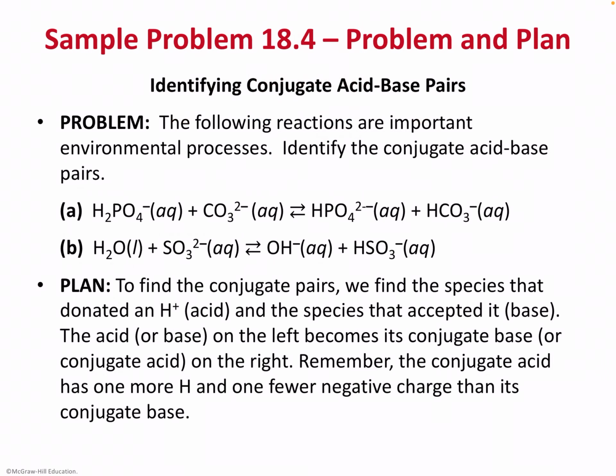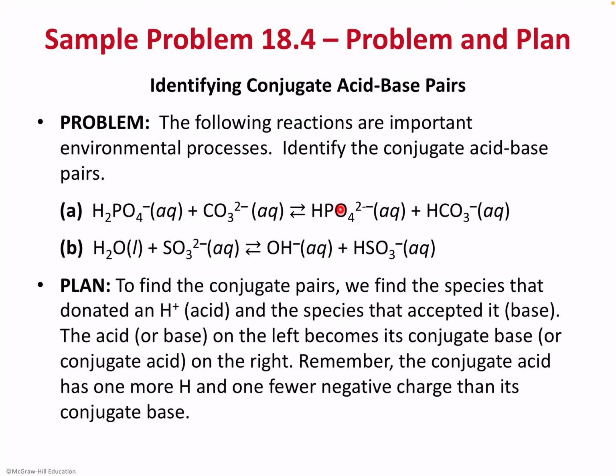The following reactions are important environmental processes. Identify the conjugate acid-base pairs. H2PO4 minus, CO3 2 minus, HPO4 2 minus, HCO3 minus. Now tell me, for this species, what is its other species?